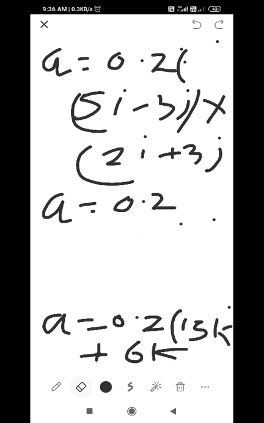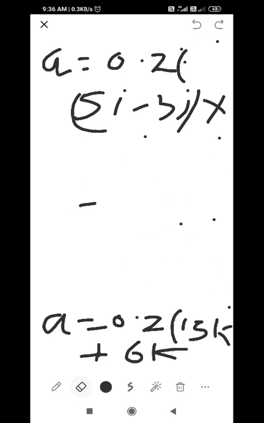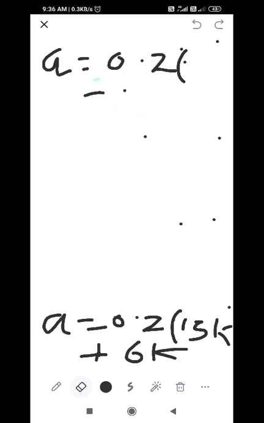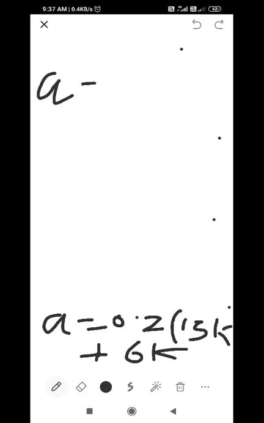So you can see that A is equal to 0.2 into 15K plus 6K, it is 0.2 into 21K.